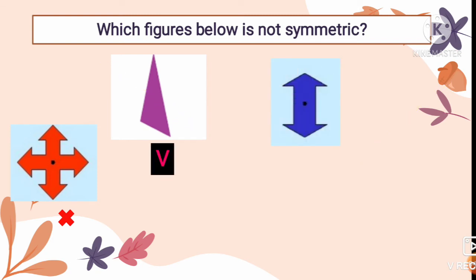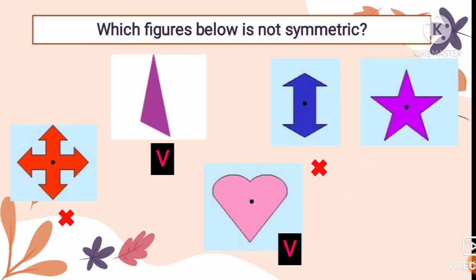What about this figure? Is it non-symmetric? We can put the line of symmetry here and here. Did it fit exactly? Yes, so this is not non-symmetric. What about this heart? We can put one line here. So this is still a symmetric figure, so this is no for non-symmetric.